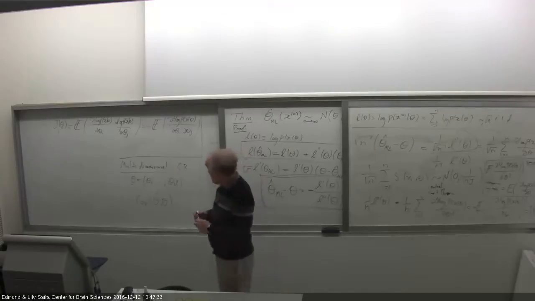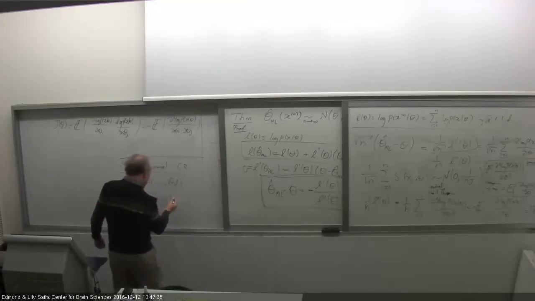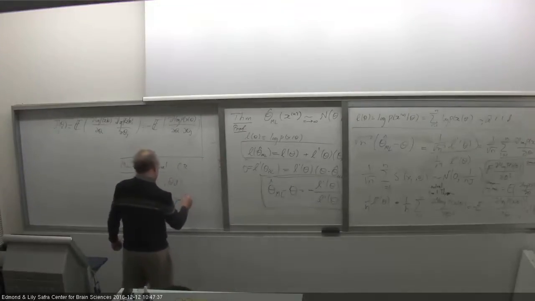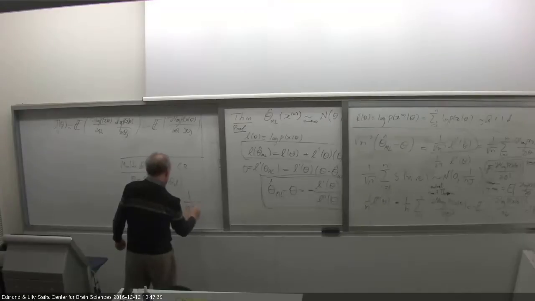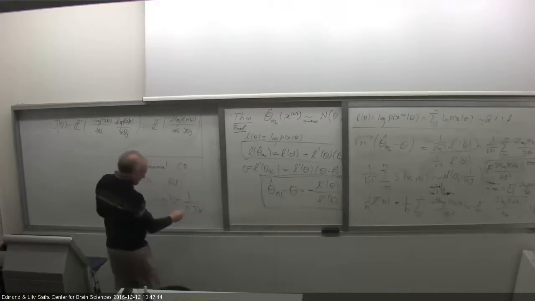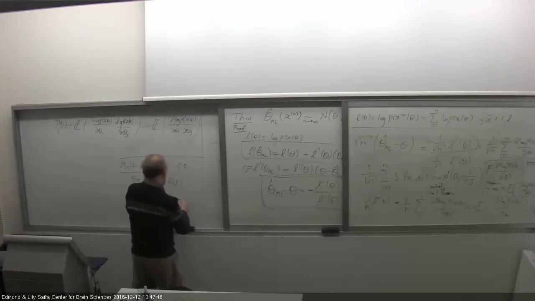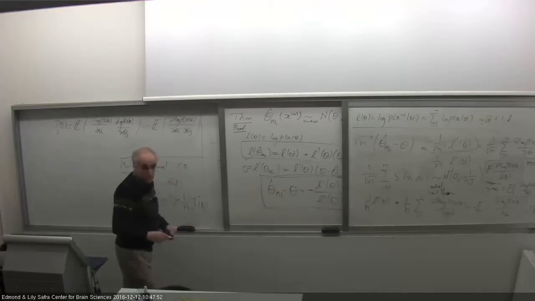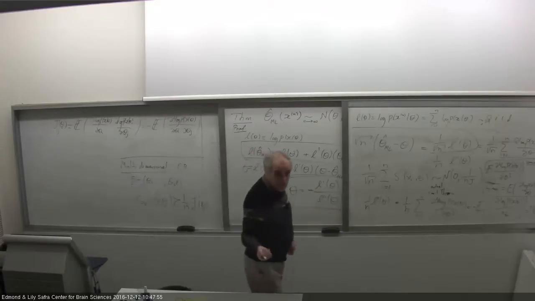And essentially what the Cramer-Rao bound is now showing you is that this, as a matrix, is going to be greater than 1 over nJ, or in some sense I have to think about it as the inverse matrix. So it's 1 over n, J to the minus 1 of theta. It's a positive definite matrix. I can diagonalize it.